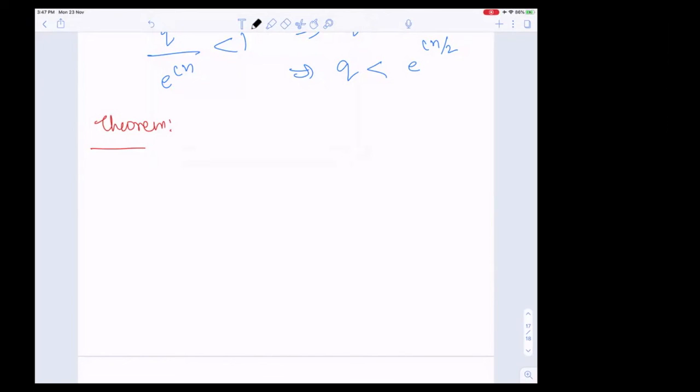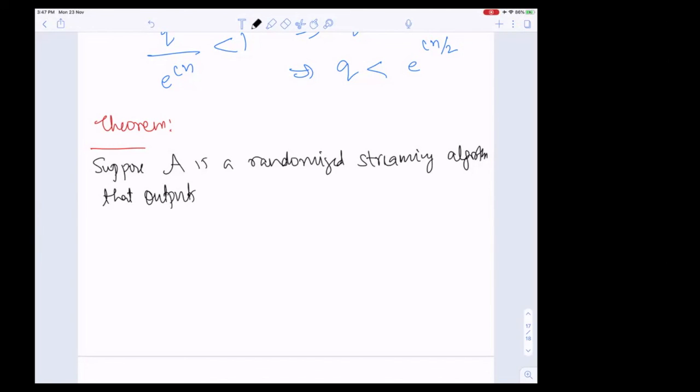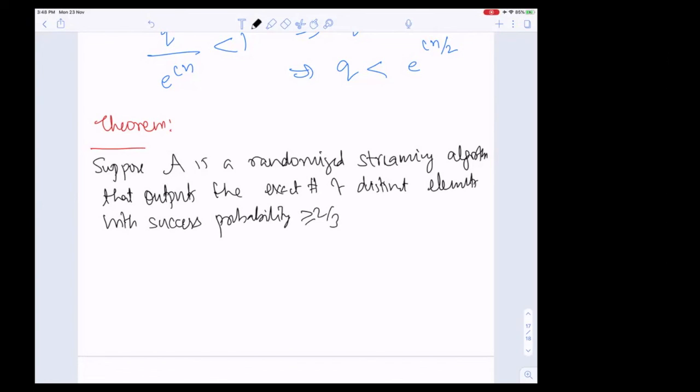Suppose A is a randomized streaming algorithm that outputs the exact number of distinct elements with success probability, say at least 2/3, for the last query.